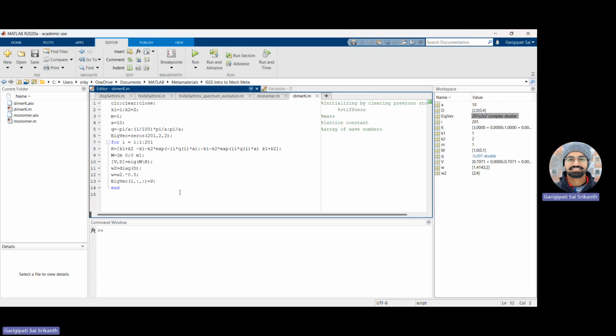Okay, so we have to store this, I comma omega. Omega values have to be stored, and we'll initialize omega as zeros, 201 by 2, two values for each q.